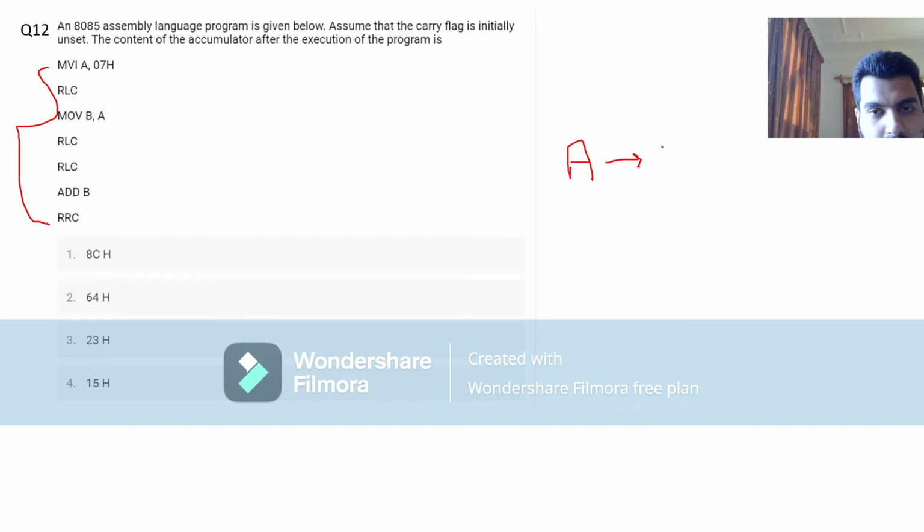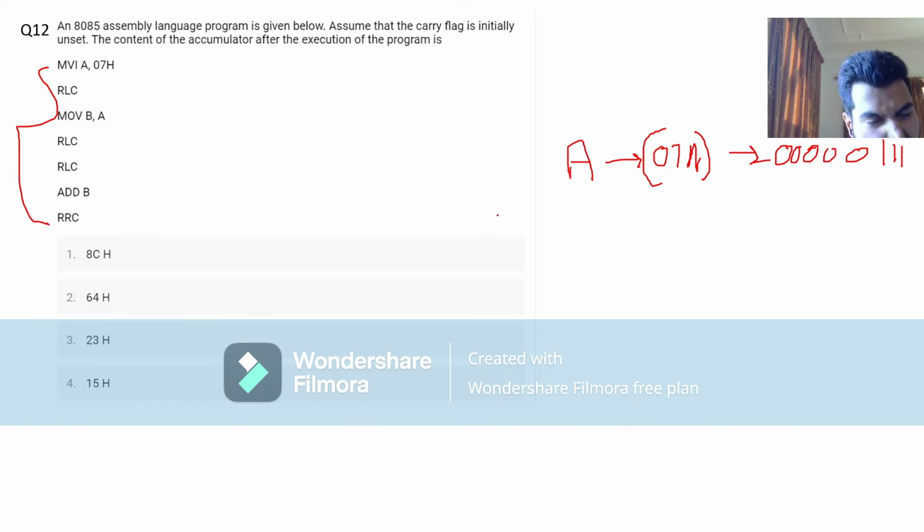So the contents of A will be 07 hex, that is 00000111. These are the contents of my accumulator.